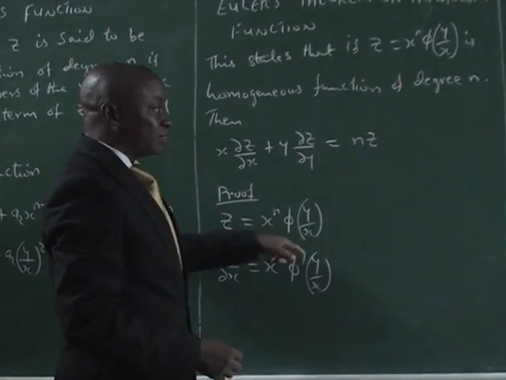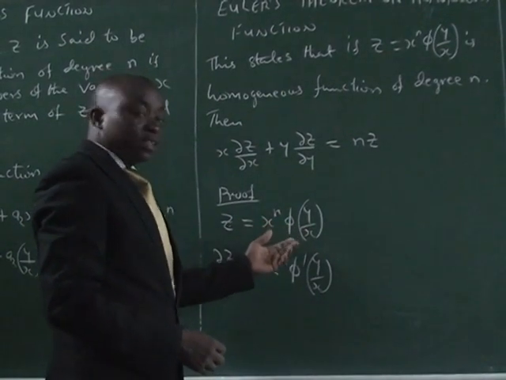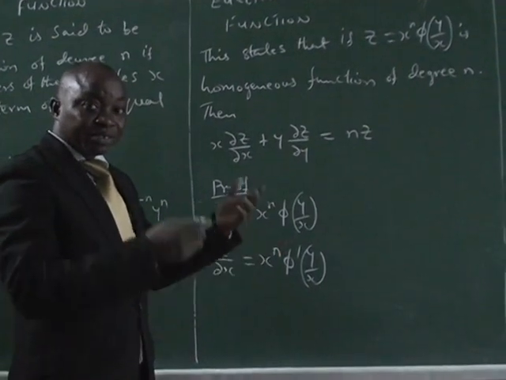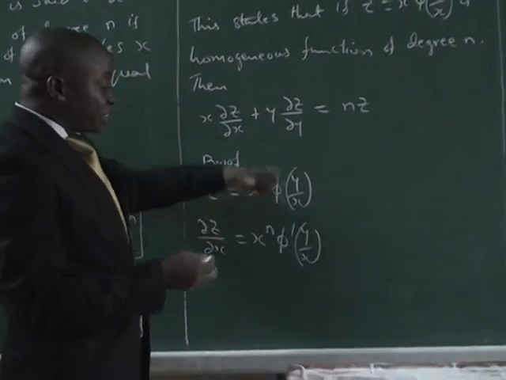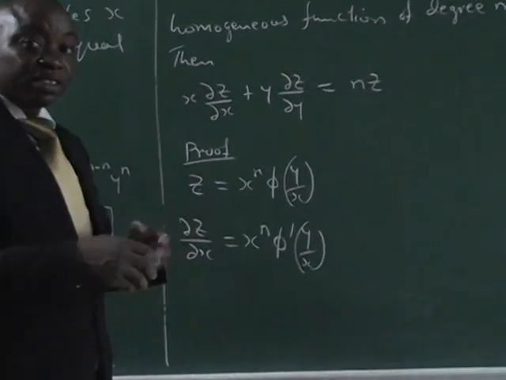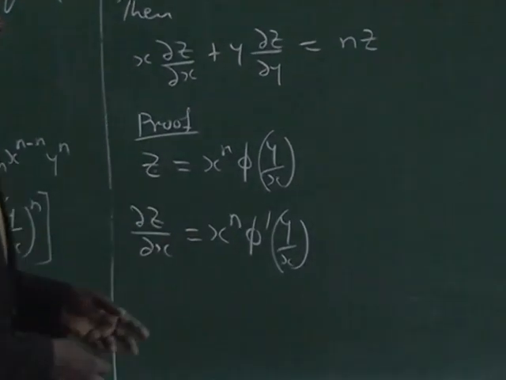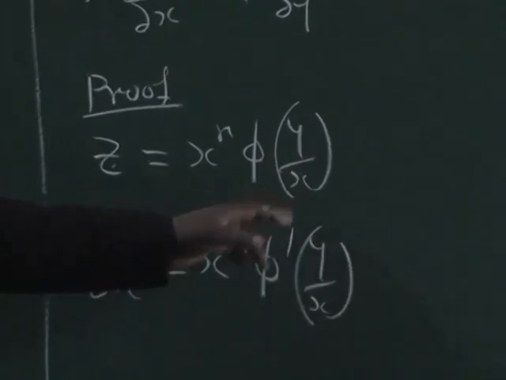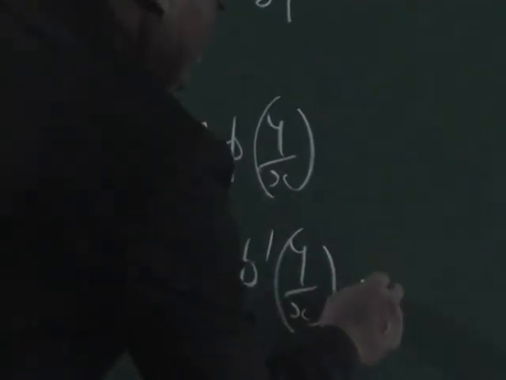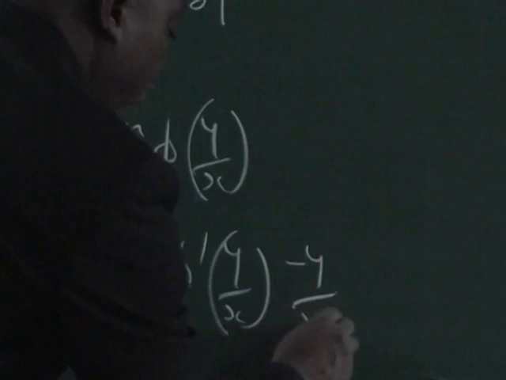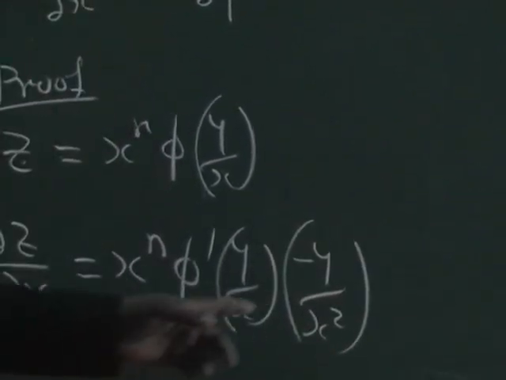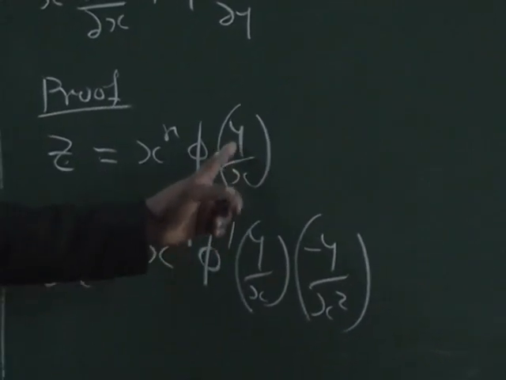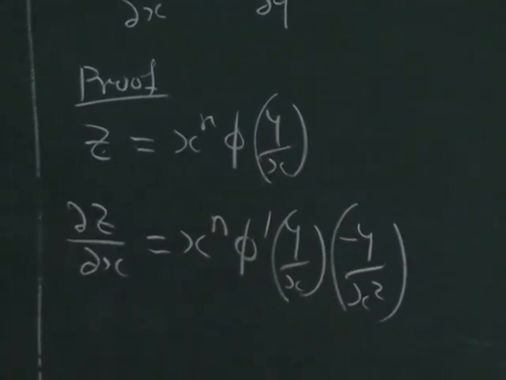Why are we doing that? If you recall, when we differentiate theta with respect to tan inverse, you differentiate tan, you also differentiate the other function together. Then if I differentiate this y over x, of course it's clear that I will have minus y over x squared.